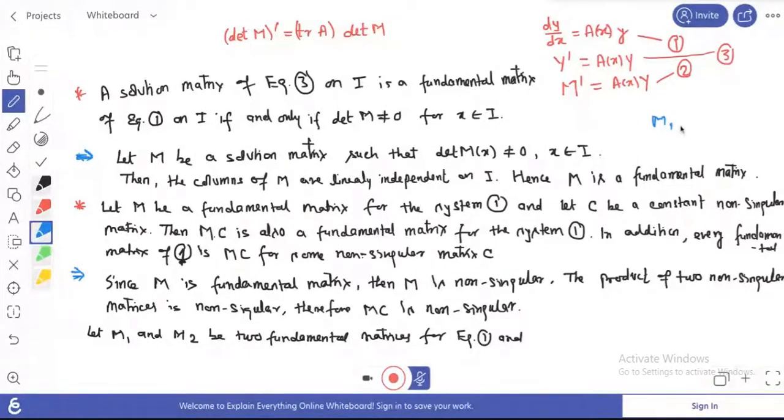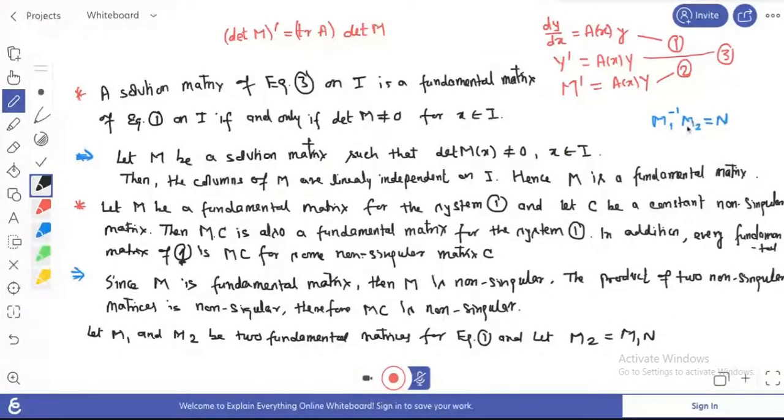So then their inverses exist. So M1 is non-singular, this means M1 inverse exists. And if you multiply it by M2, and say this product of these two matrices is N. Okay, so here we assume that M2 equals M1 N.